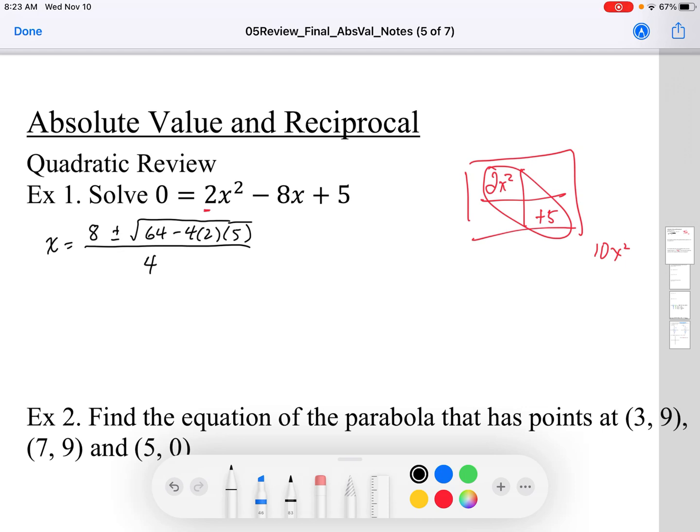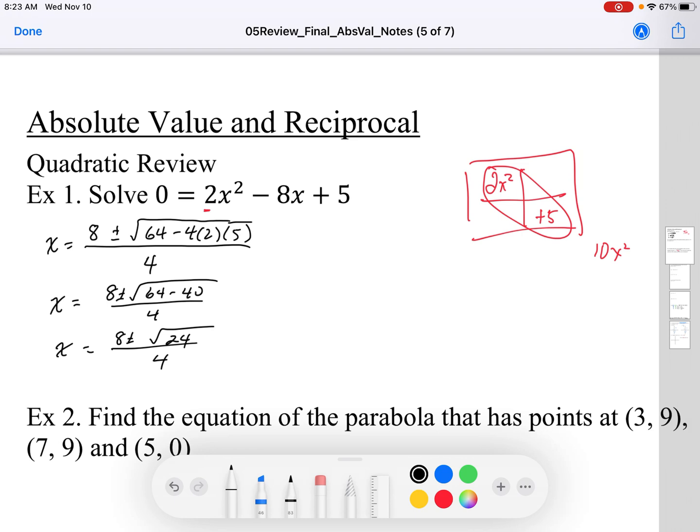Just checking the signs, I need to make sure I subtract that. So x is equal to 8 plus minus the square root of 64, minus 40 over 4. X is equal to 8 plus minus the square root of 24 over 4.